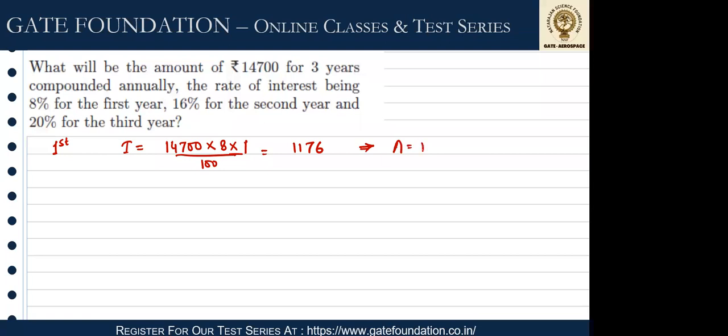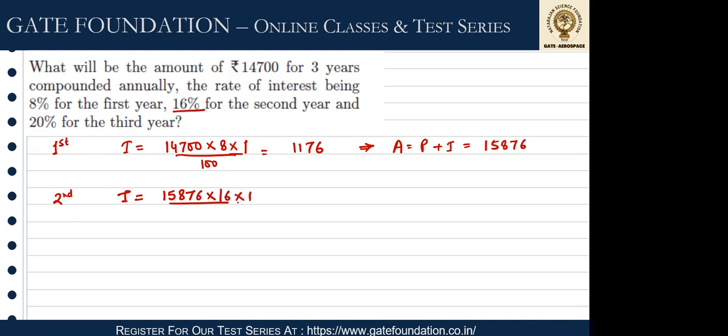So amount is principal plus interest, which becomes 14700 plus 1176. So आएगा 15876. Now this becomes the principal for the second year. So at the end of second year, जो interest आएगा, that will be 15876 into rate of interest for second year was 16%.